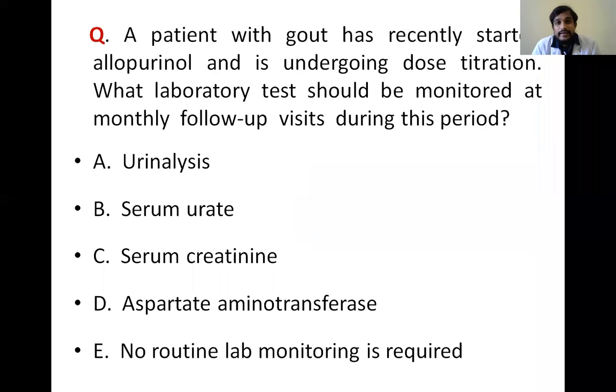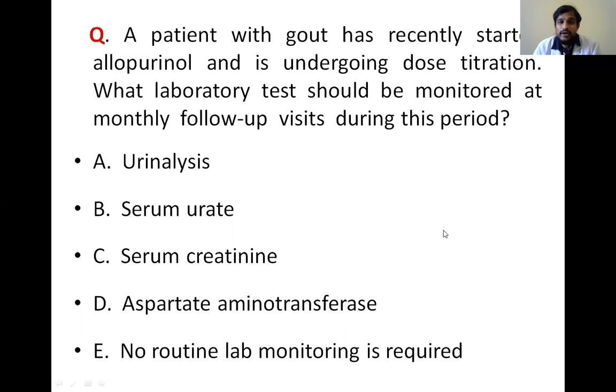So for understanding, a patient with gout has recently started medication allopurinol and is undergoing dose titration. What laboratory tests should be monitored at the monthly follow-up visit during this period? Dose titration means we are just adjusting the dose of the medication for the treatment of gout. So what should be the laboratory test?